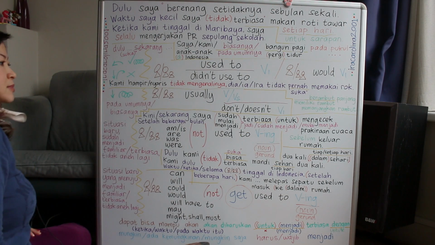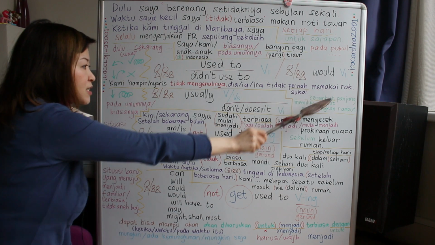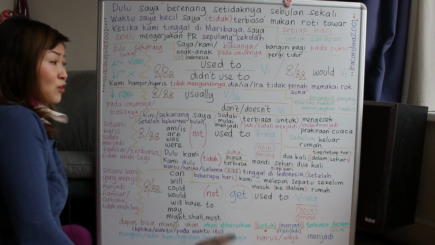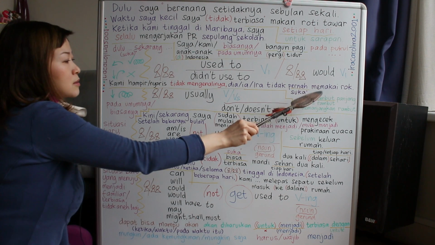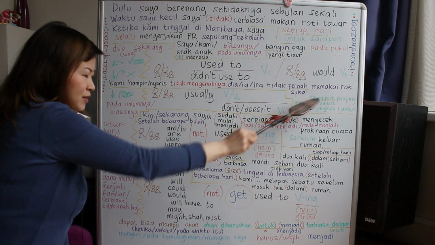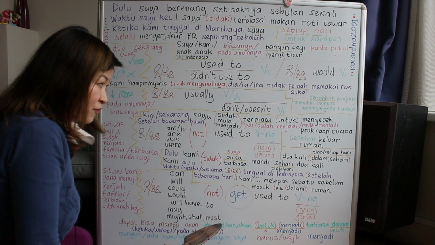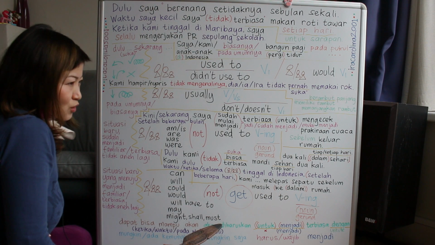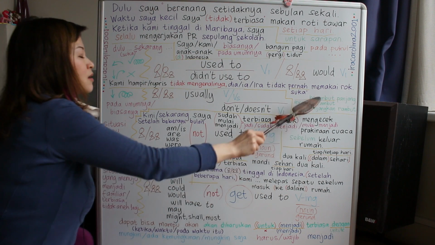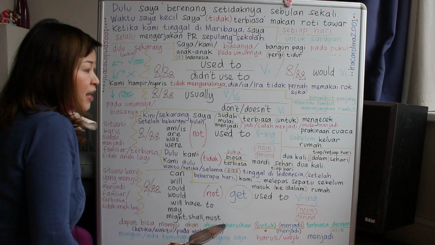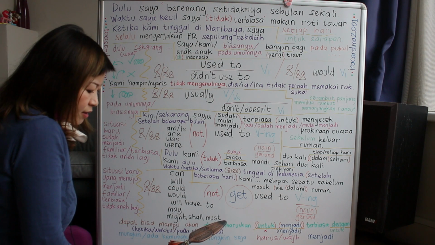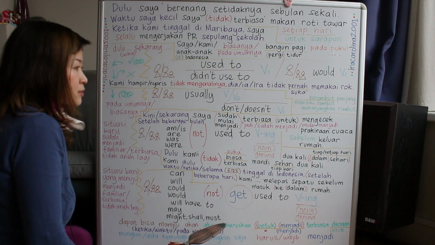We will change this one into didn't used to have long hair. Berambut. Ber is a prefix. It means having or have or has. Rambut, hair. Berambut, having hair or has hair.